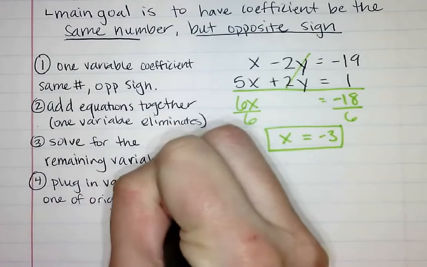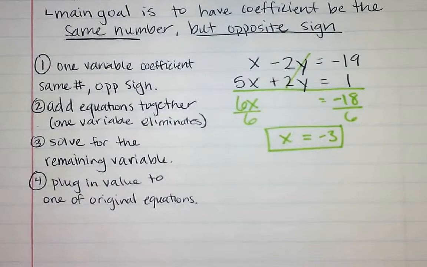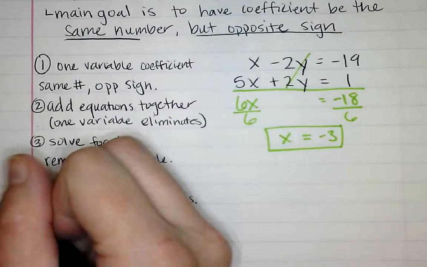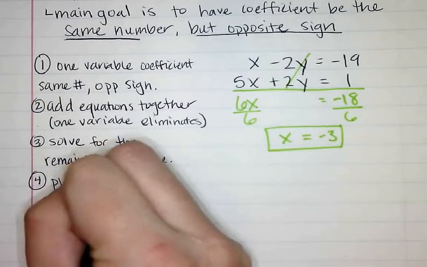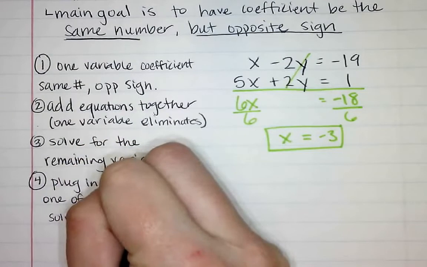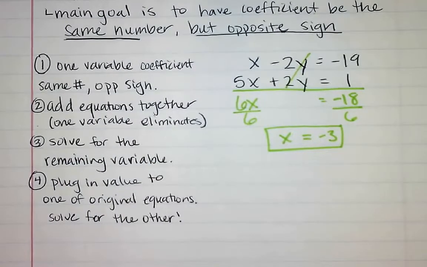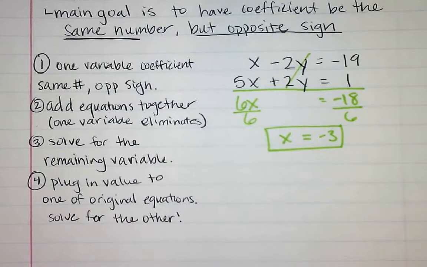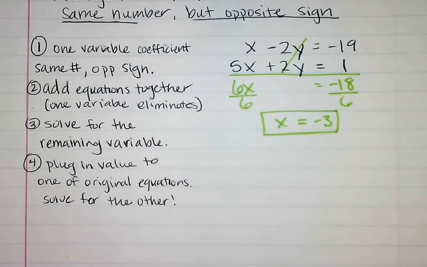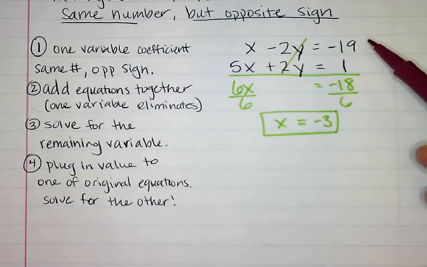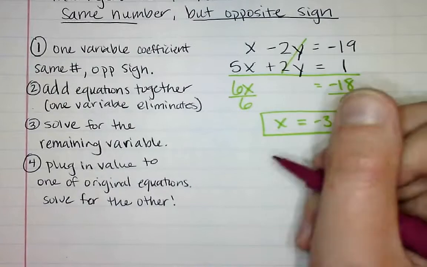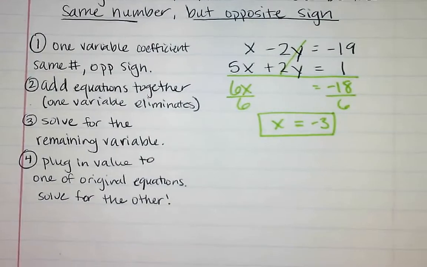I would pick one of your original equations, and then you solve for the other variable. Do you think it's going to matter which equation we pick? It will not matter. In my first class, I picked the bottom equation. So in this class, I'm going to pick the top equation.